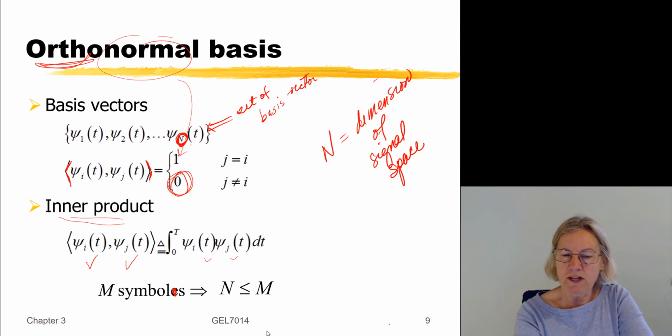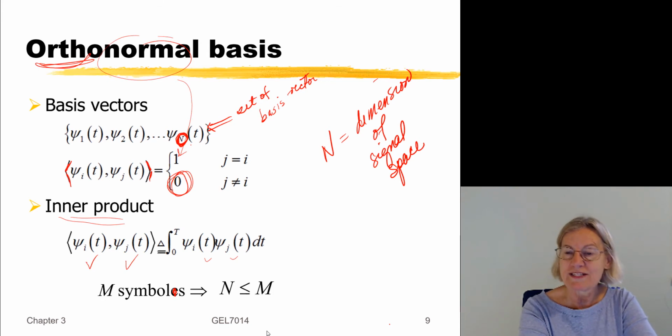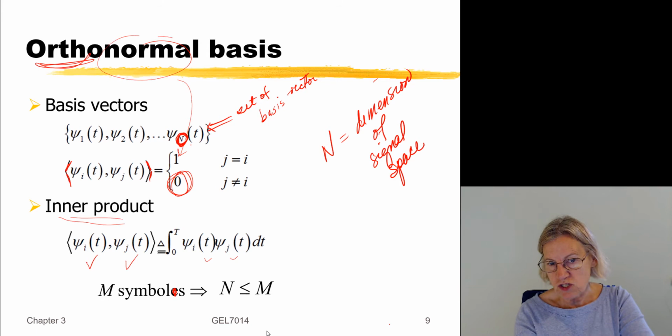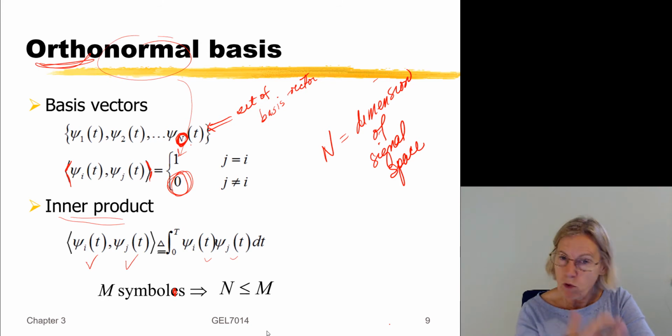So the largest that my signal space is going to get is going to be m, because I have to represent m symbols in it. But it's possible that N, the dimension, could actually be smaller. And in fact, that's quite common and something that we will examine in the coming weeks about this choice and the impact of this choice. So this is a very important concept, so I'm trying to bring your attention to it early on.